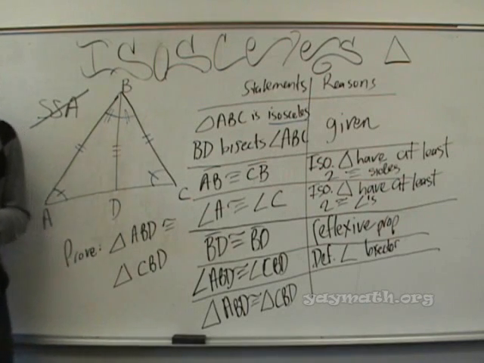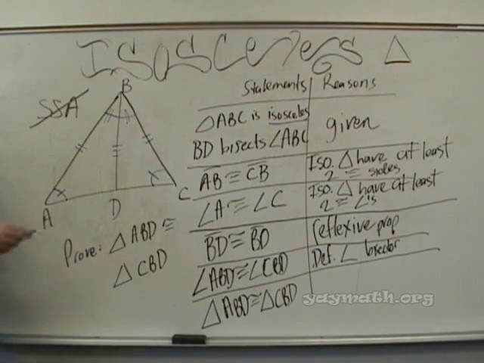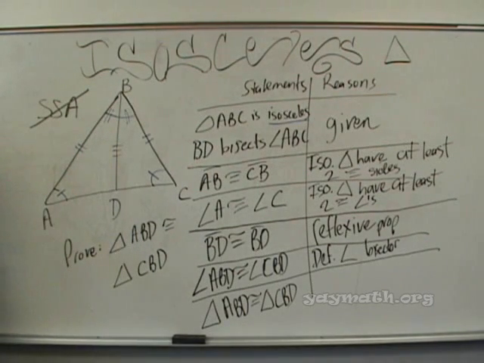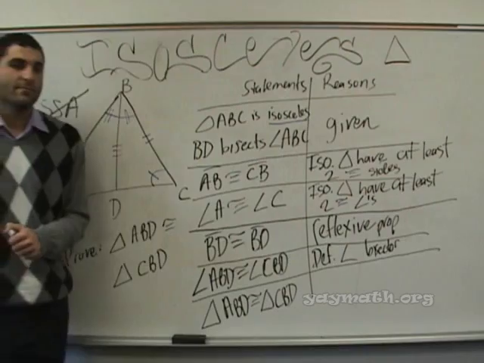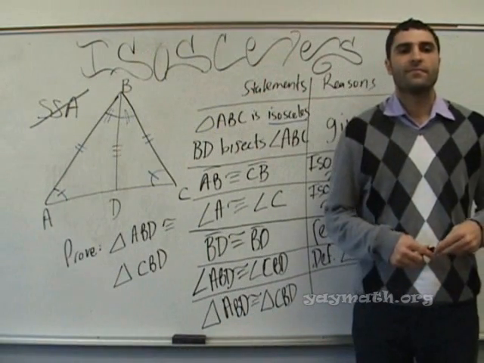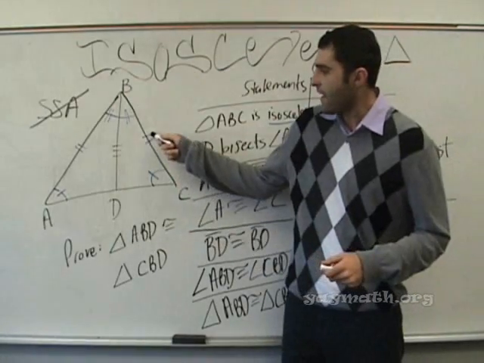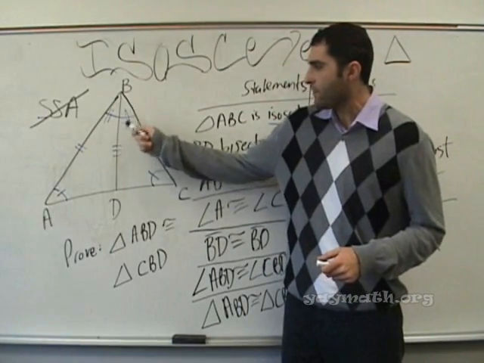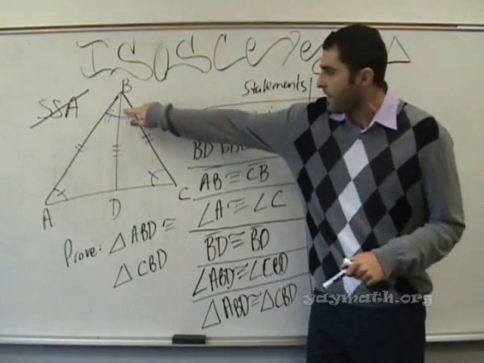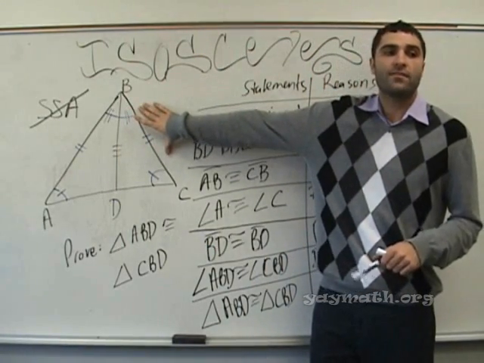Could another one be used? ASA. That's right. Could another one be used? So we have SAS, as in side, angle, side, with the angle between them. We have ASA, angle, side, angle, with the side between the two angles.